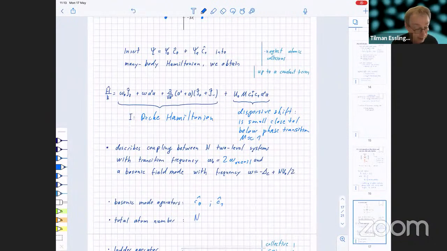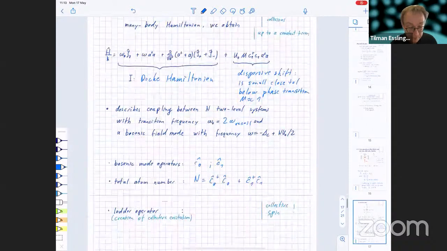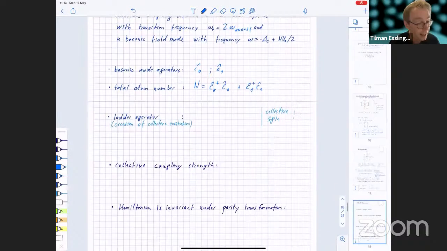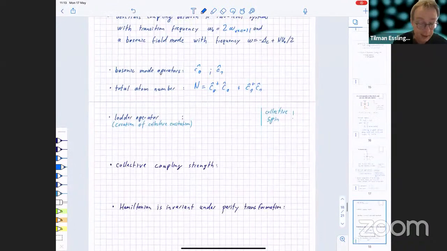Okay, here we need to fill in that C0 are the bosonic mode operators for the Dicke model, and the total number operator is this. Okay. And the ladder operator, I will just write it down. We need to speed up a bit.